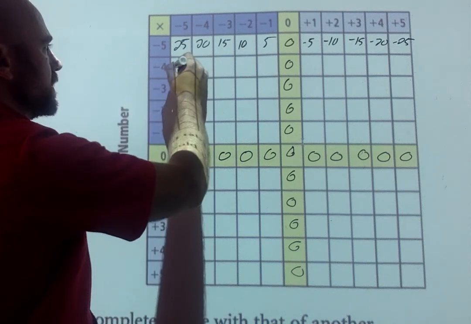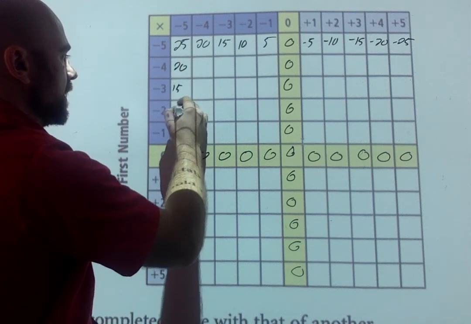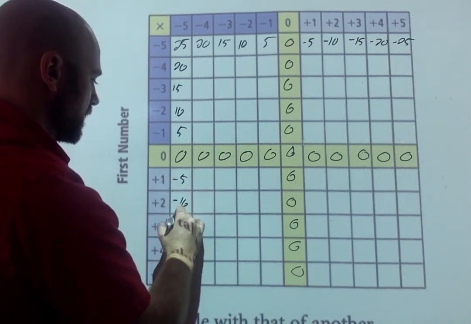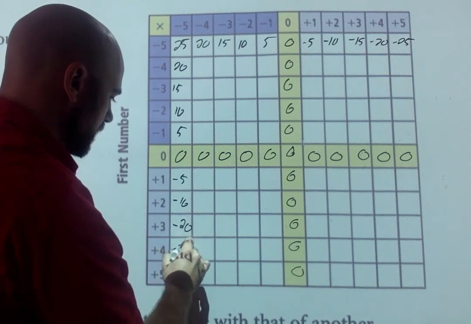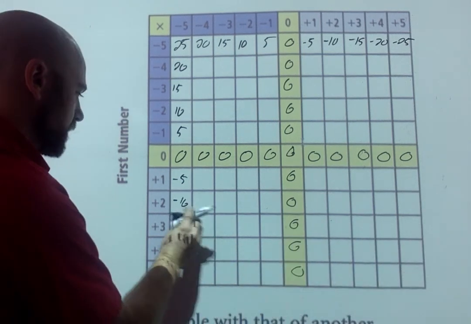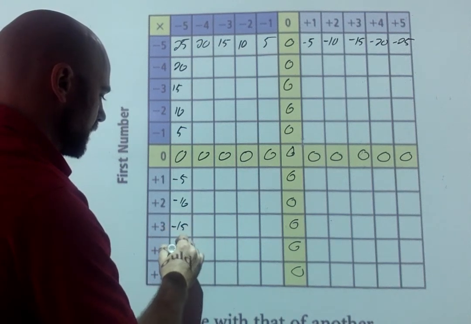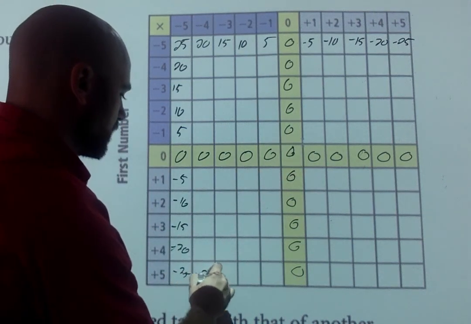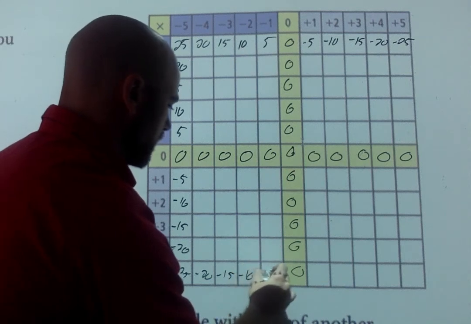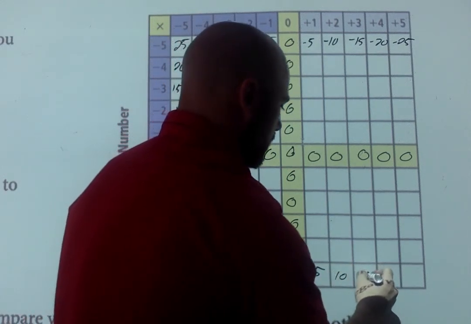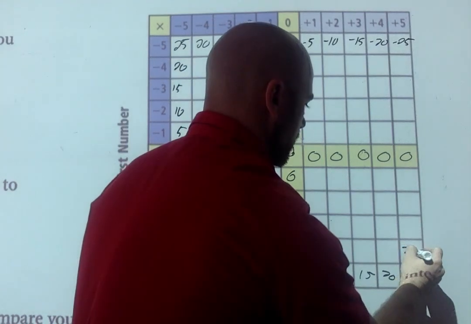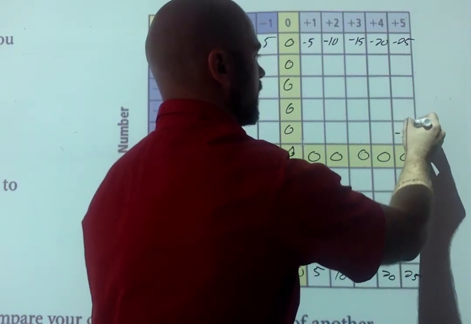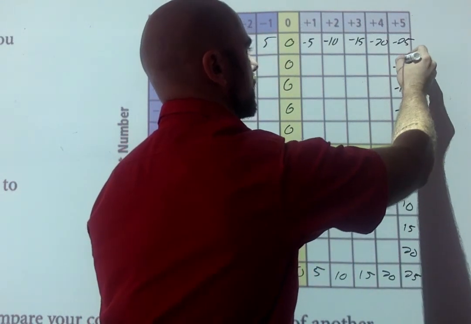As I go down, it's going to continue, so I'm going to get 20, 15, 10, 5, and then I've got negative 5, negative 10, negative 15, negative 20, negative 25, and then I can actually do the full perimeter like that, so negative 20, negative 15, negative 10, negative 5, and 10, 15, 20, 25, 20, 15, 10, 5, negative 5, negative 10, negative 15, negative 20.